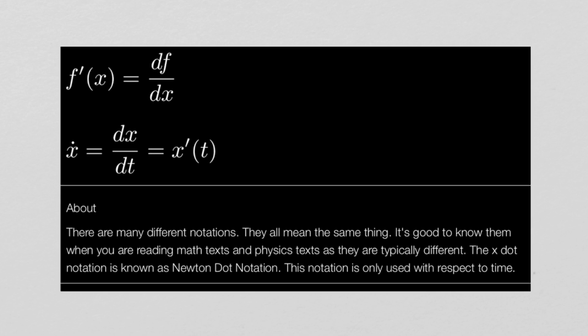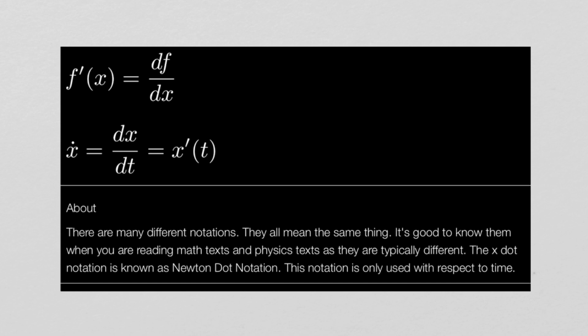So we look up here, and there are different notations, but they all mean the same. It's good to know them when you're reading math texts and physics texts, as they're typically different. The x dot notation is known as the Newton dot notation. This notation is used when we're talking about time.